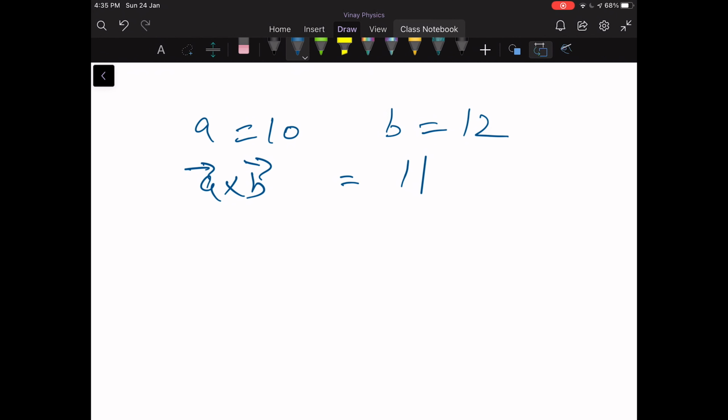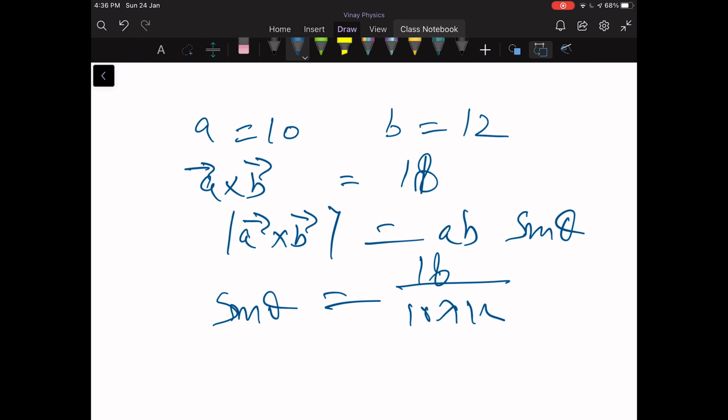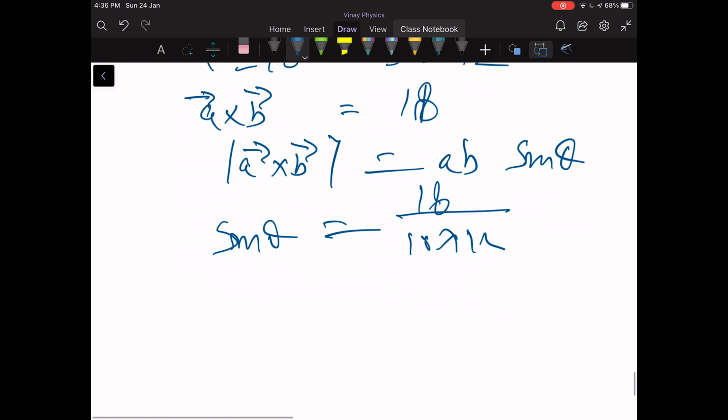So now we know that the magnitude of A cross B is equal to AB sin theta. So sin theta is equal to 18 upon 10 into 12, and then we can find theta that way.